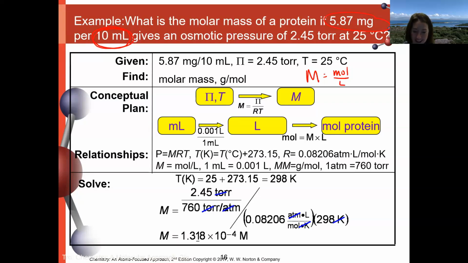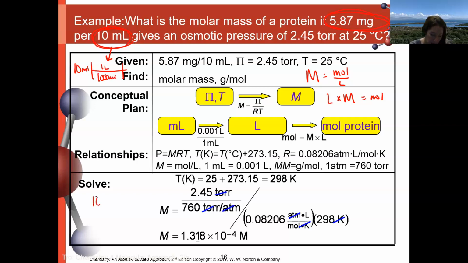So therefore, remember this, liters times molarity equals moles. So we can get to our moles, and then we can get to our grams, right? So here's our volume. We just need to convert that to liters. 10 milliliters, 1,000 milliliters in 1 liter.